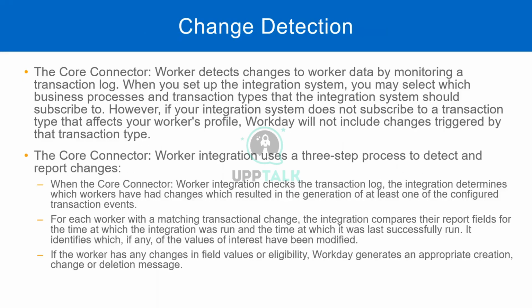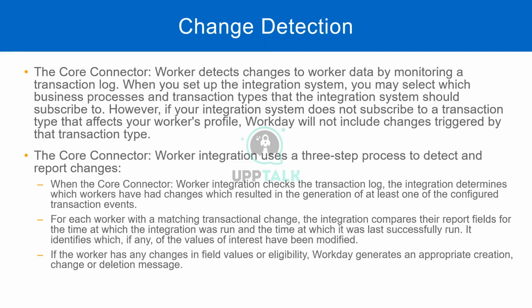So, like I said, the Core Connector Worker is very good at detecting changes, right? That is what it is used for. That is its main purpose. Its objective is to detect the changes that are happening to the worker information. So how does it do that? How does it monitor the changes?